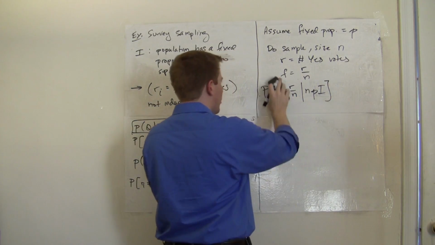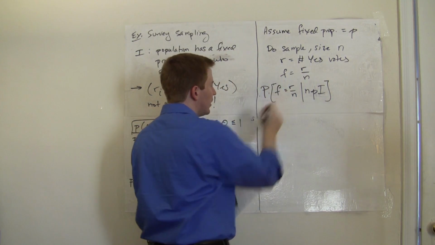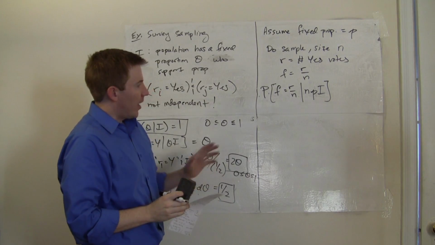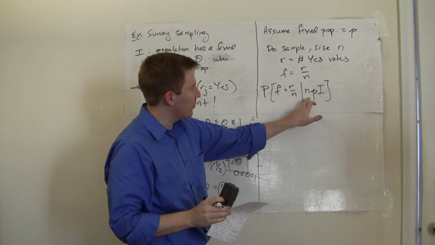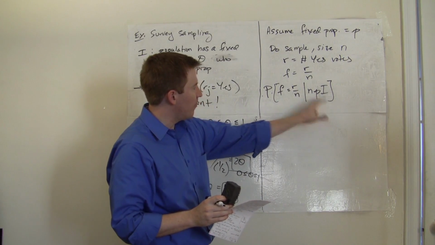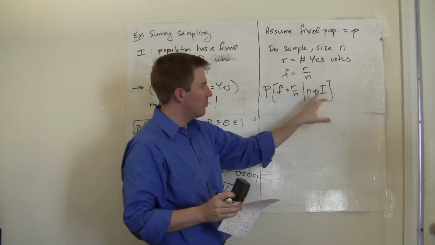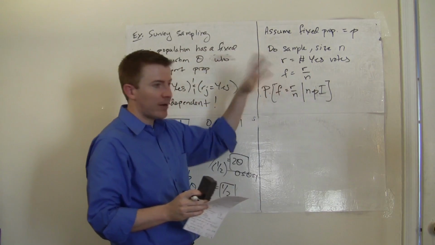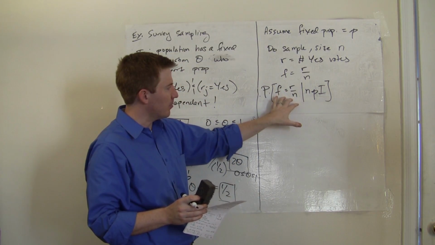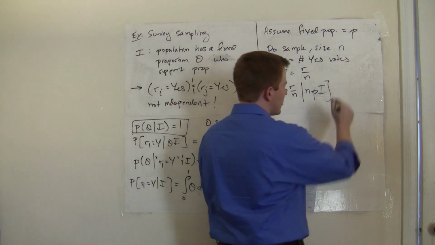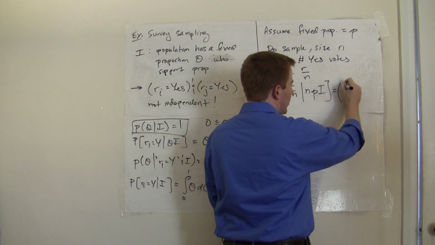Okay, so let's write this with square brackets to indicate this is a probability of a statement. Okay, so clear enough notation, right? So we're conditioning on the number that we sampled, the proportion of voters in the population that we assume is kind of known to us, and all the other background information we have about that sample. What's the probability that we get a particular fraction? Well, that is just the binomial coefficient thing that we've seen before.